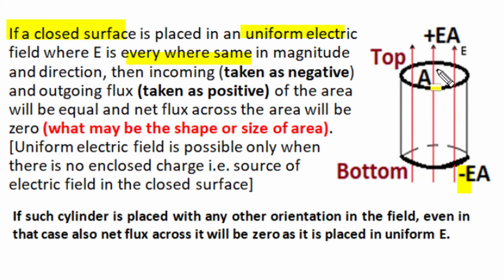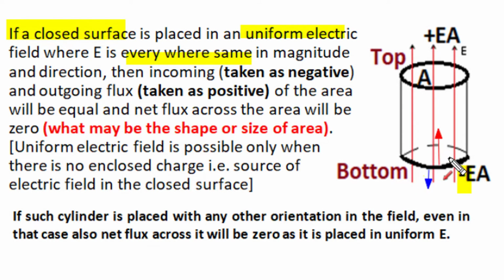For this closed cylindrical surface, when the axis of the cylinder is aligned with electric field intensity, the cylindrical surface won't have any flux through that surface because area vector and E vector are normal to each other and cos 90 is 0. So there is flux only from top surface and bottom surface, and if surface area of top and bottom is A, then at bottom side E vector in red arrow direction and area vector normal to the surface and outward got 180 degree angle, and cos 180 is minus 1.